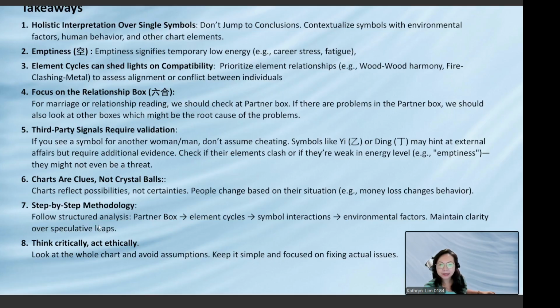The last point, I think, is very critical: the consultant has to think critically and act ethically. We should look at the whole chart and avoid assumption. Keep it simple, and focus on fixing the actual issue, what the asker wants to know. So this is what I've learned in lesson 7. Thank you.